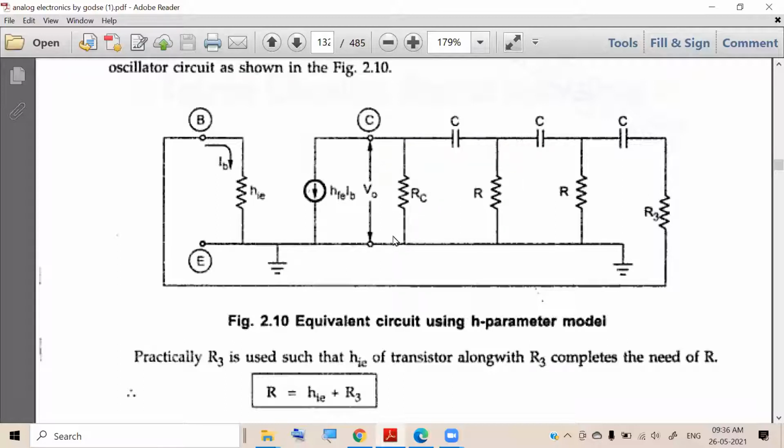As per source transformation, what will be the voltage source? The current source is hfe IB. The voltage source will be simply the product of this current source and the resistance.